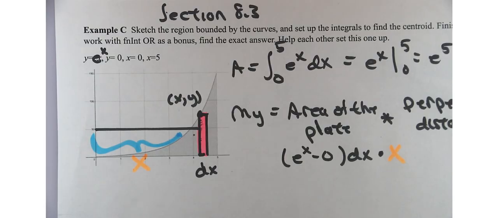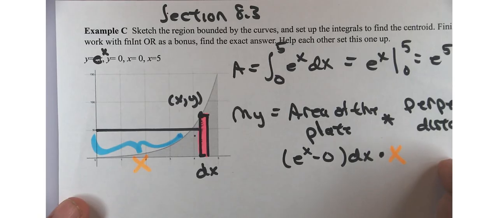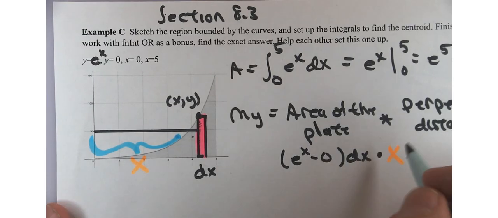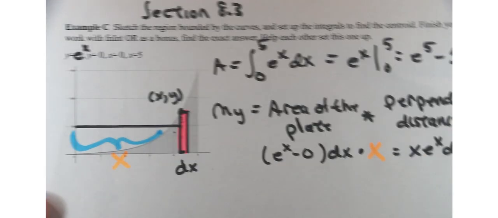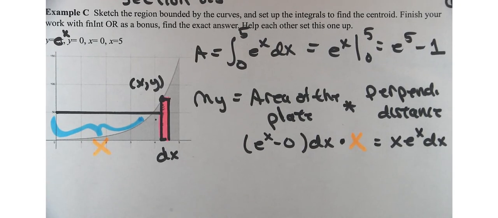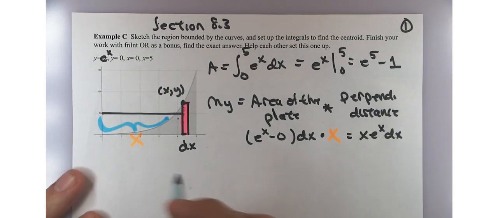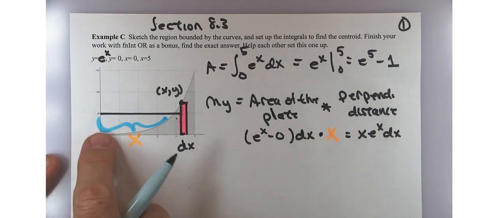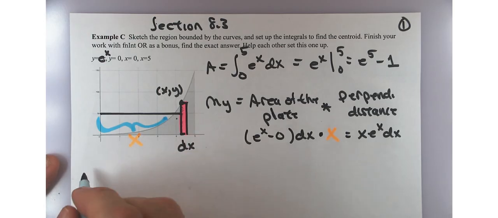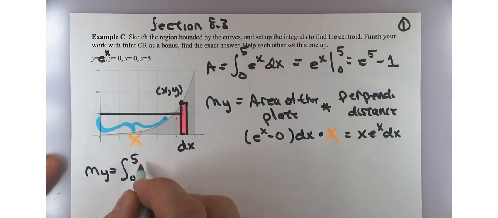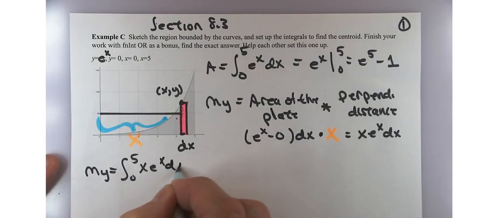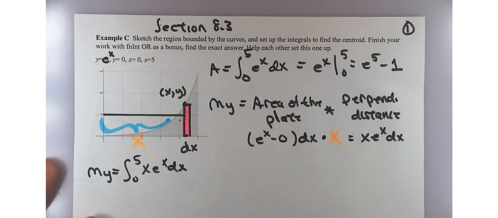So that's going to simplify down to x e to the x dx. To find M sub y, we're going to integrate from 0 to 5. M sub y equals the integral from 0 to 5 of x e to the x dx, like that.